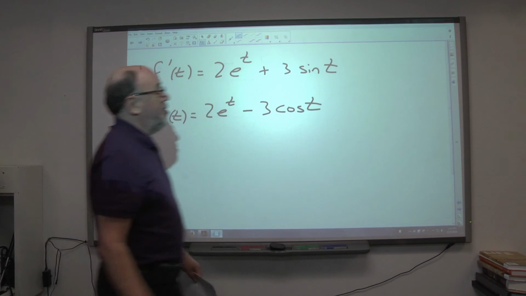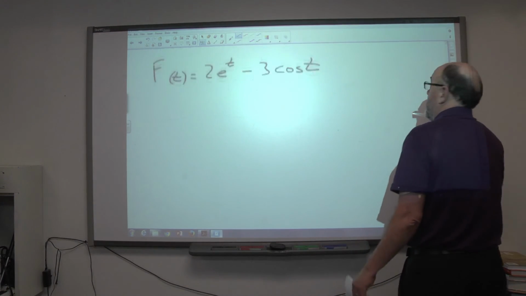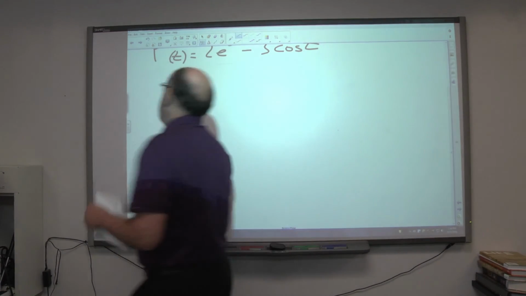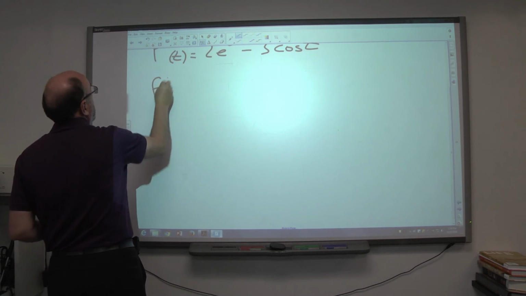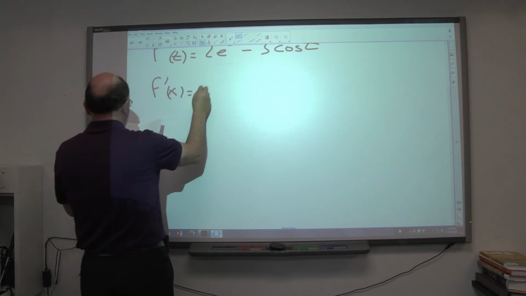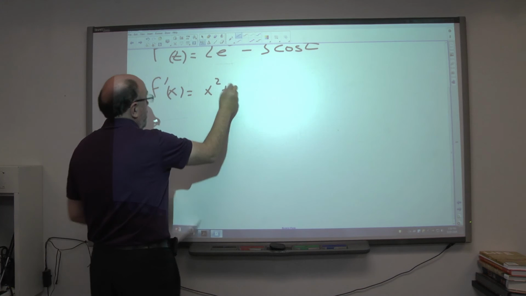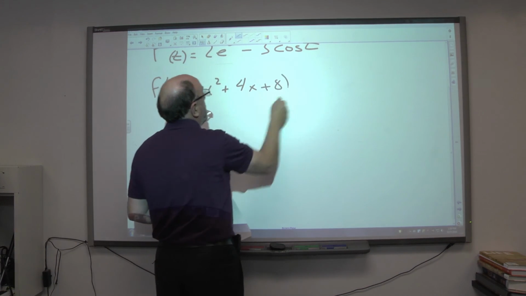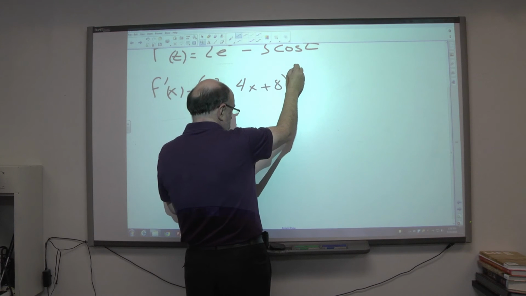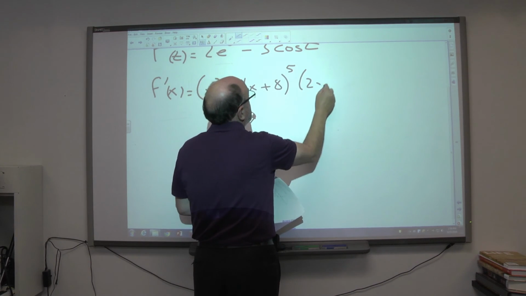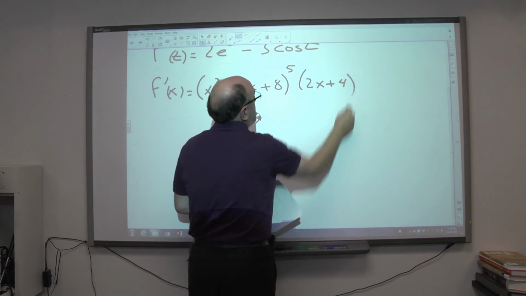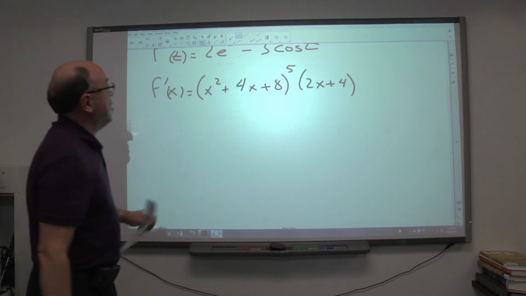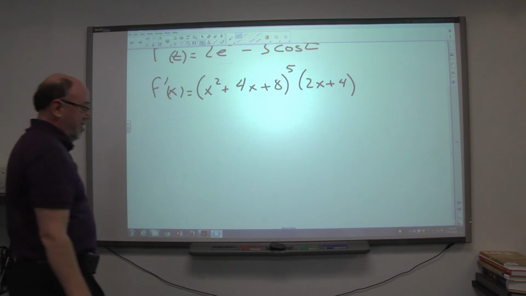And then one last one. Given that the derivative is x squared plus 4x plus 8 to the fifth power times 2x plus 4. So this one, we're going to solve by doing something called substitution.